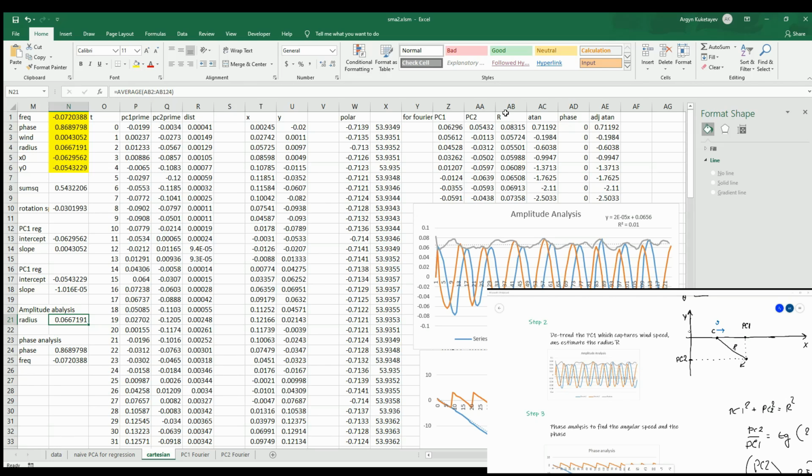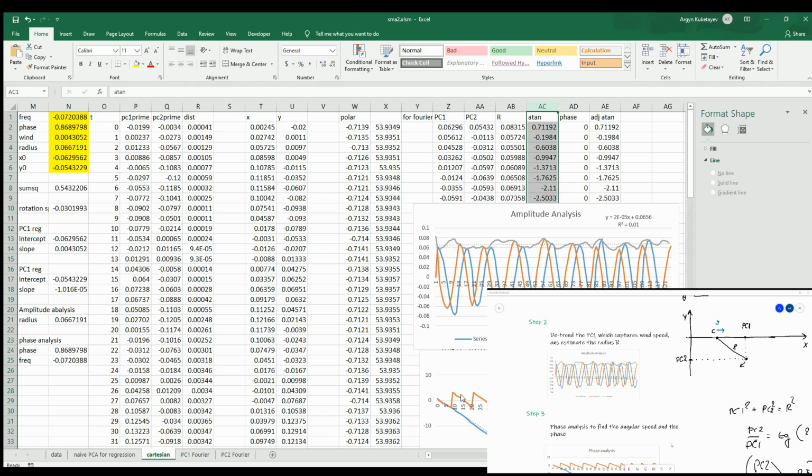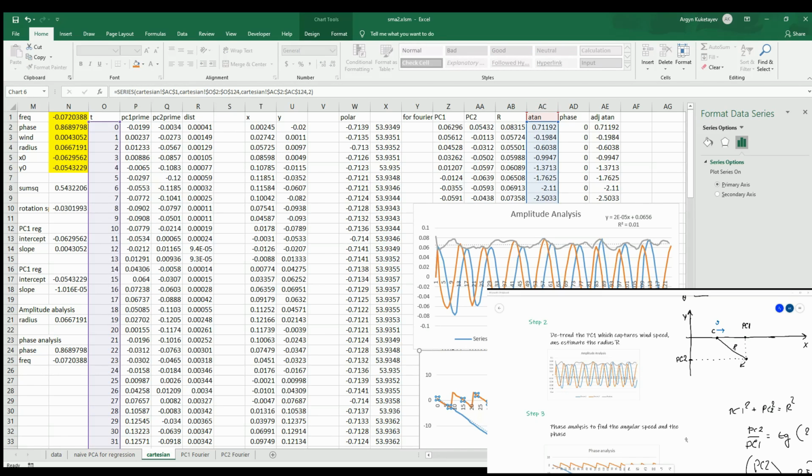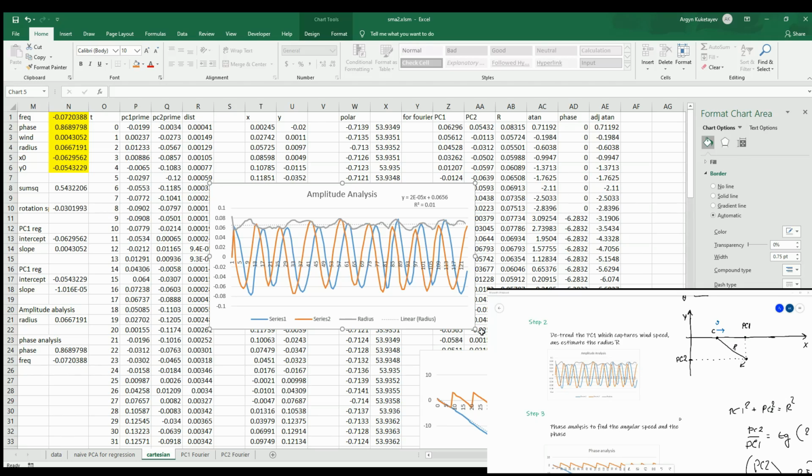So that was my amplitude analysis, and then I'm calculating arctangents, right? Arctangent, and I'm showing it as an orange line, and you see it's like a zigzag. Why? Because it loses the phase, and I have to add the phase back, and that's what I'm doing here.